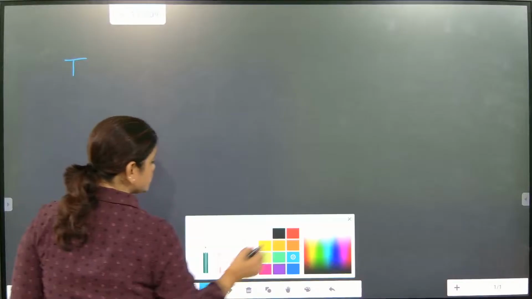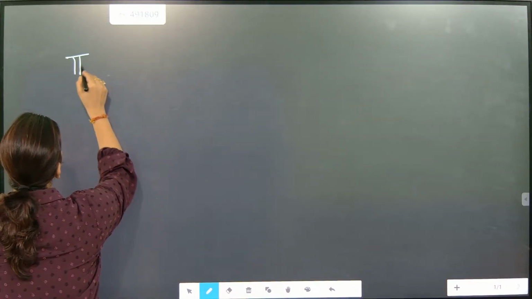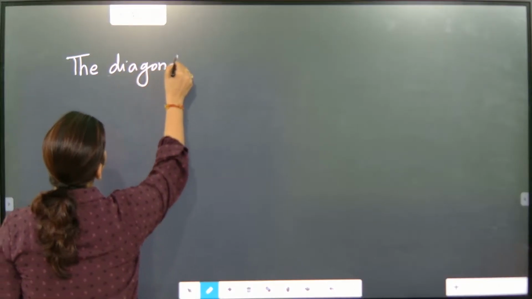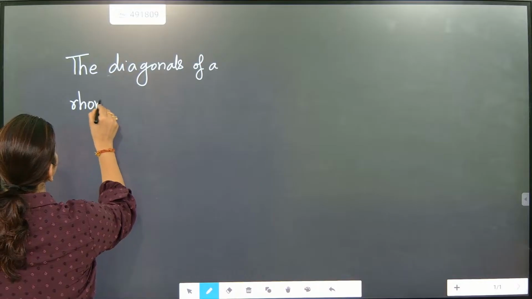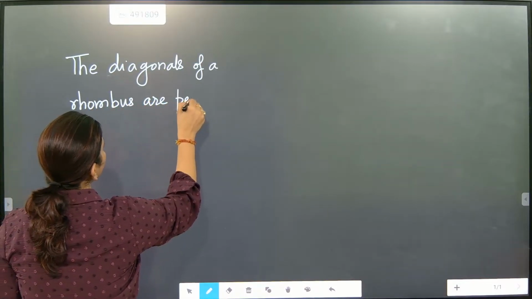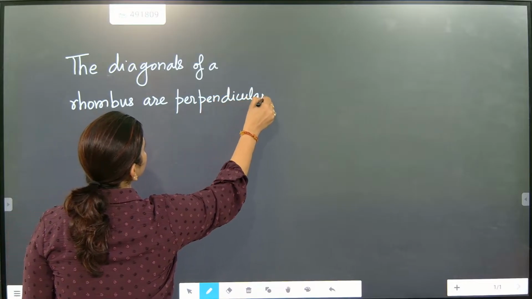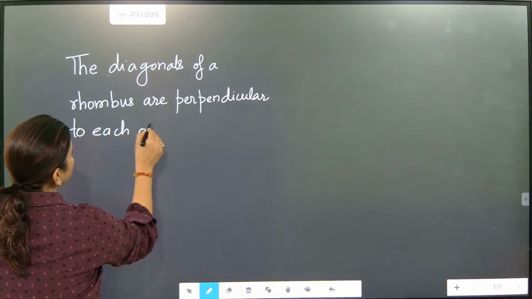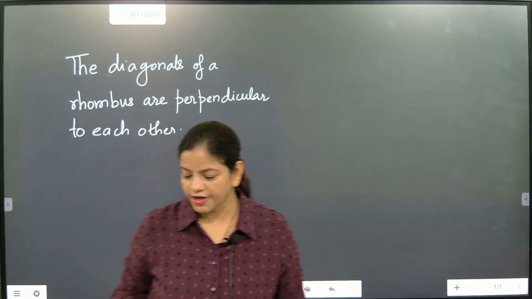The diagonals of a rhombus are perpendicular to each other.